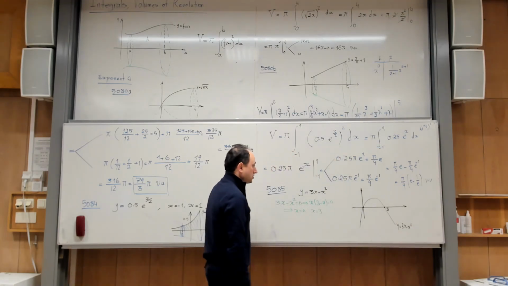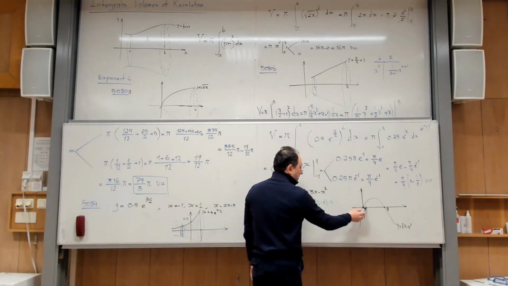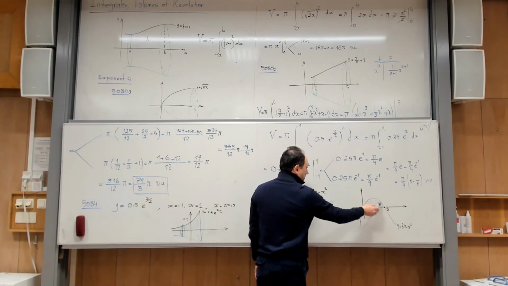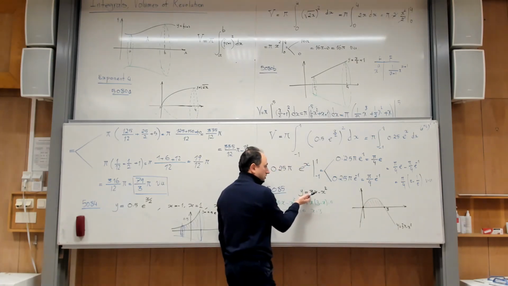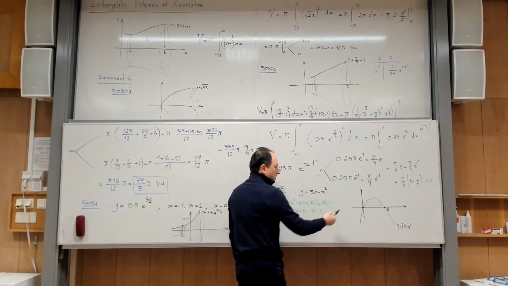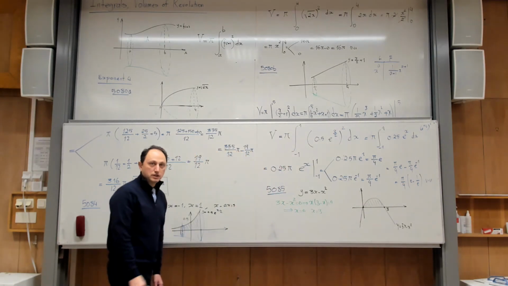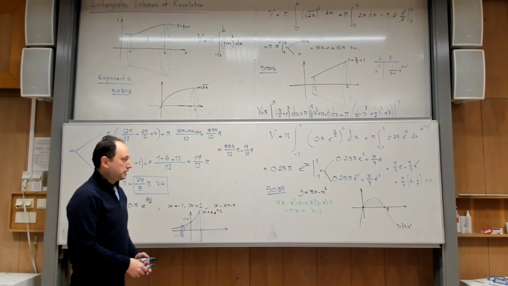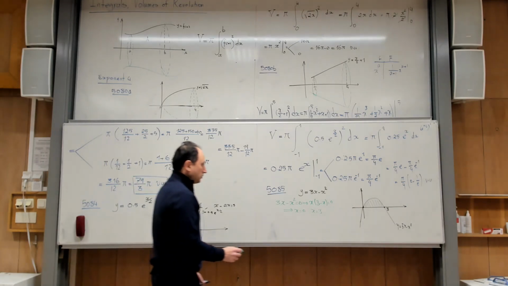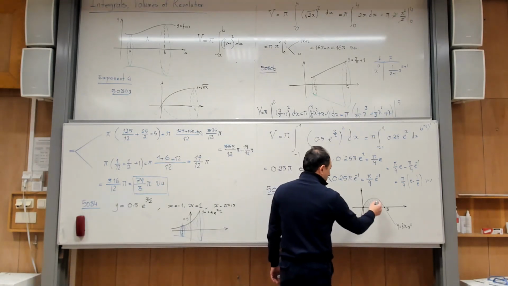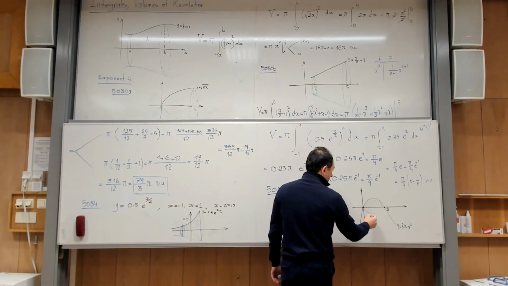So then it means that they were talking about this region, because they mentioned this curve and the x-axis actually make a region, and then you want to rotate that region about the x-axis, and you are supposed to find its volume. So what happens here? If I rotate this, hopefully you agree with me, you will get something like that.